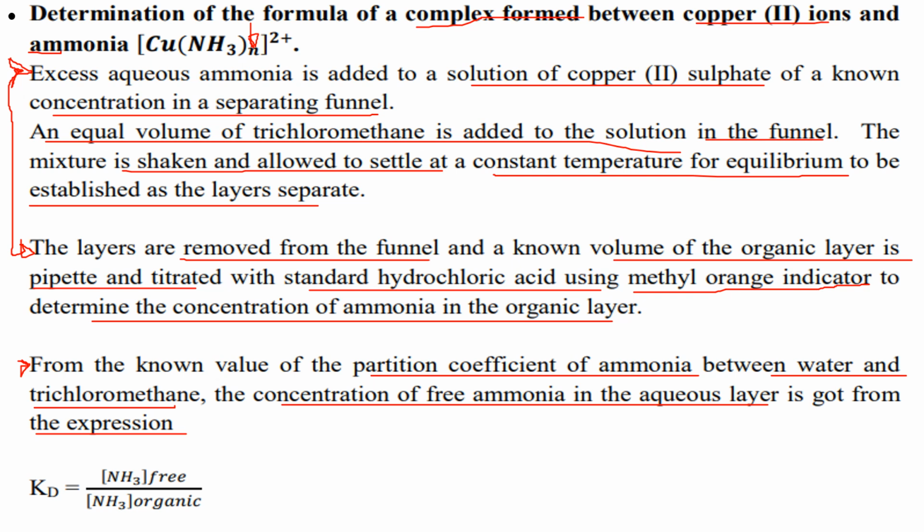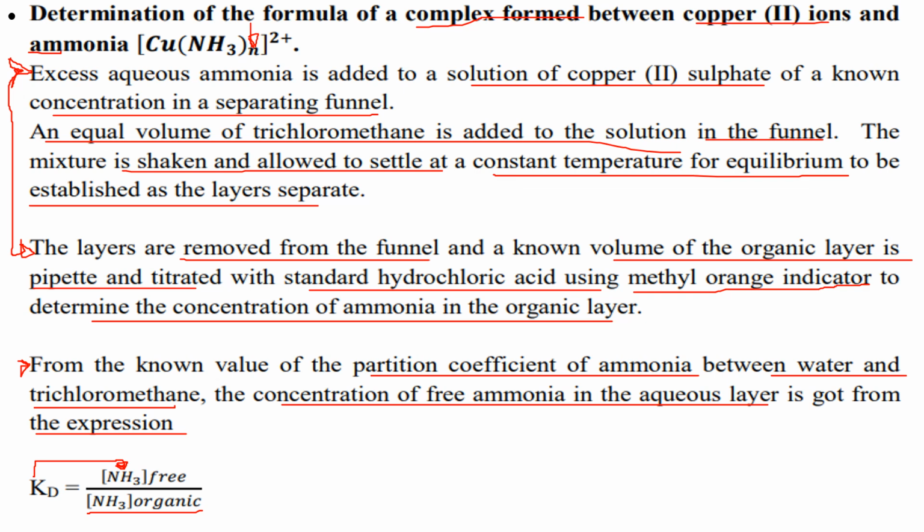So we are saying that the Kd that has been given is going to be equal to the molar concentration of ammonia that is free in the aqueous layer divided by the molar concentration of ammonia that is dissolved in the organic layer. So you need to pay attention to that.